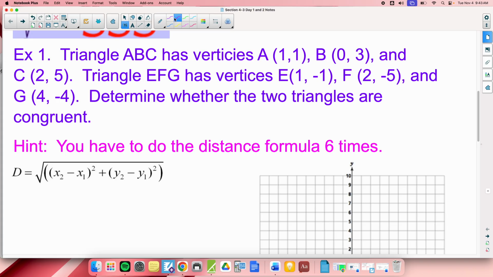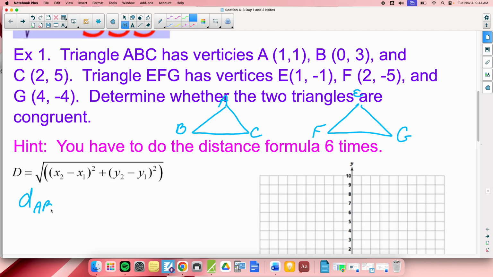When you're doing these problems, you have triangle ABC and you have triangle EFG. What we have to do is find the distance between A and B. I'm going to write that here.